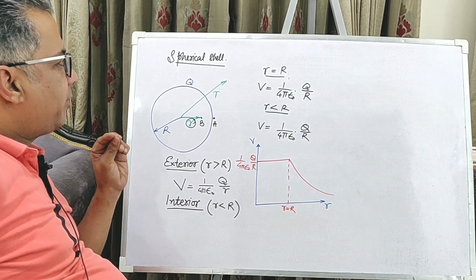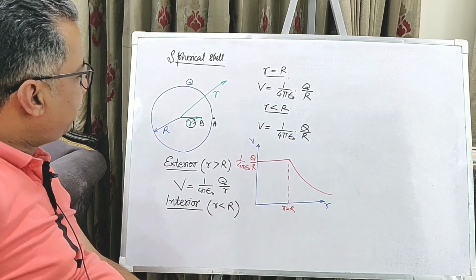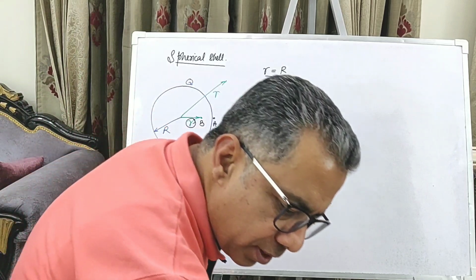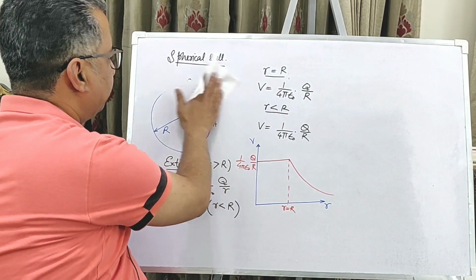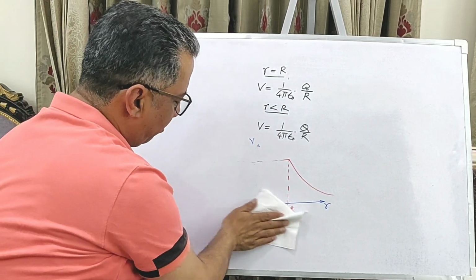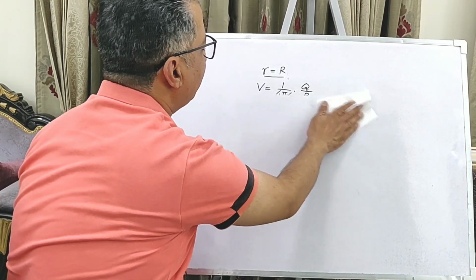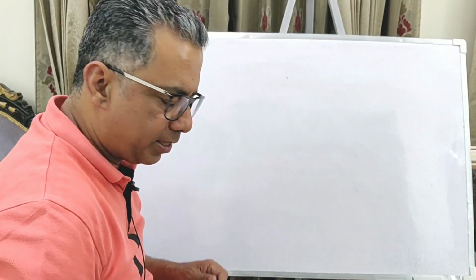Now that we understand how a spherical shell produces a potential, what kind of potentials it produces, we move on now to a solid sphere. For a solid sphere, the difference from a spherical shell is that a solid sphere carries charge throughout its volume, whereas a shell carries charge only on its surface.